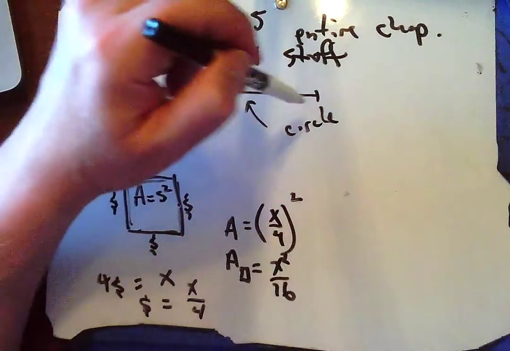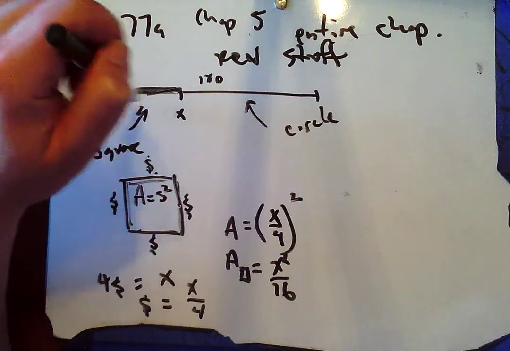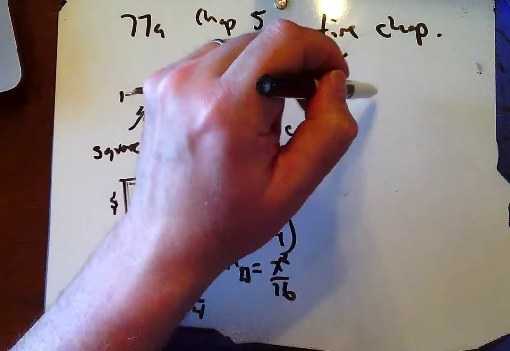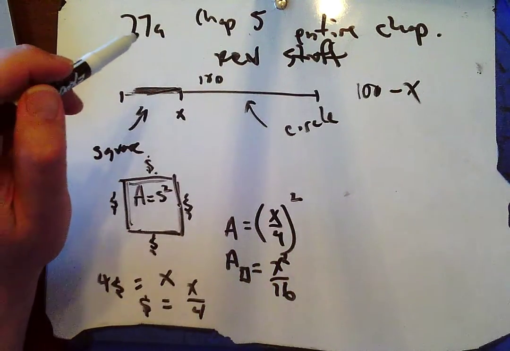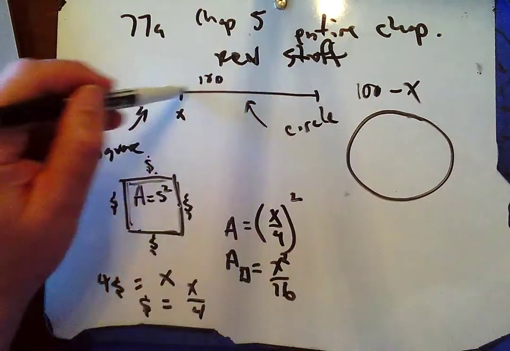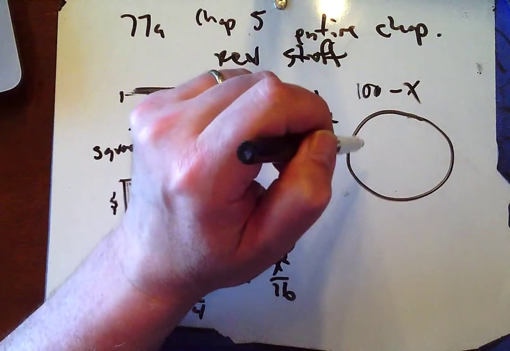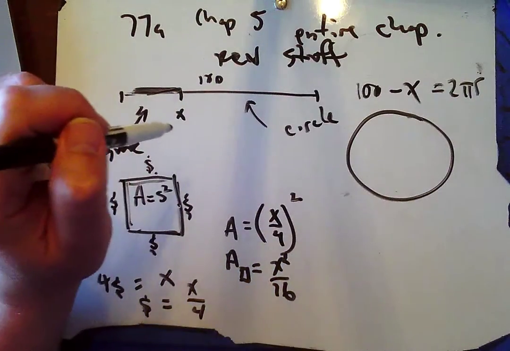Now, what about the circle? Well, I've used up x feet of wire for the square, and so for the circle, I've got 100 minus x feet that I can use. And for the circle, we're talking about making a circle from this piece of wire. This distance is 100 minus x. Well, that's what 2 pi r is.